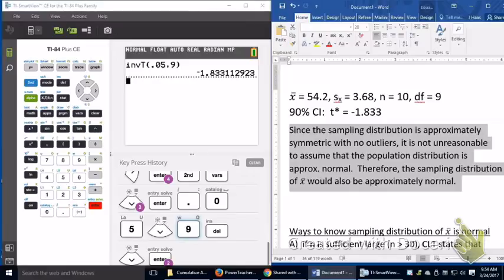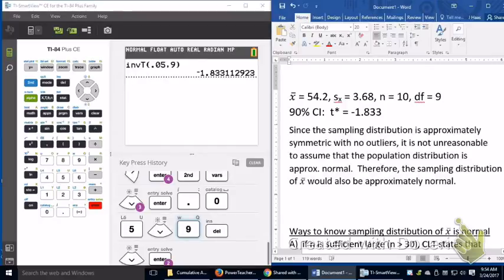Now, once I have that done, the next thing I'm ready to do is actually calculate the confidence interval, since I now have an estimate for shape, center, an estimate for spread, and I have reasons to believe that my shape is approximately normal. The general formula for a confidence interval is the statistic plus or minus the critical value times the standard deviation of your statistic.